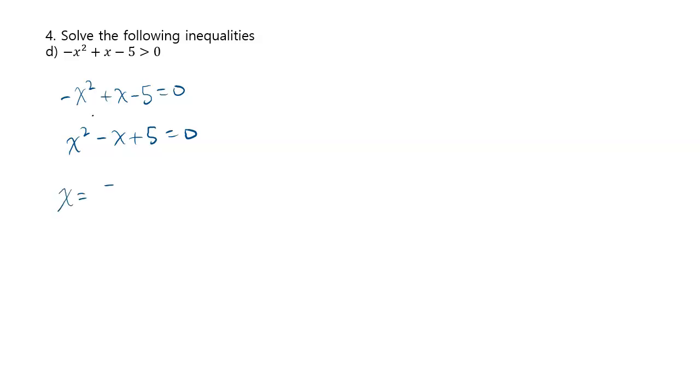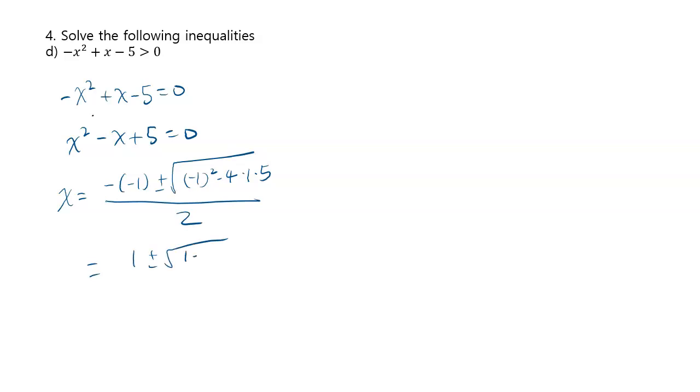x equals negative of negative 1, plus minus square root of negative 1 squared minus 4 times 1 times 5, over 2. That's positive 1 plus minus square root of 1 minus 20. And what does that give you? That gives you 1 plus minus square root of negative 19 over 2.